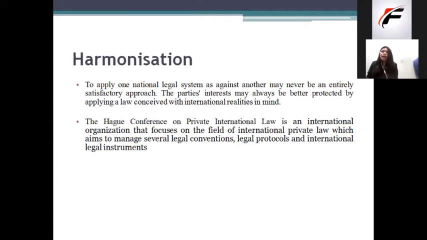So the legal conventions, legal protocols, and international legal instruments are to make a harmonization between countries, because no country has 100% the same law. So this is one of the uses of the conference on private international law, to make a harmonization.